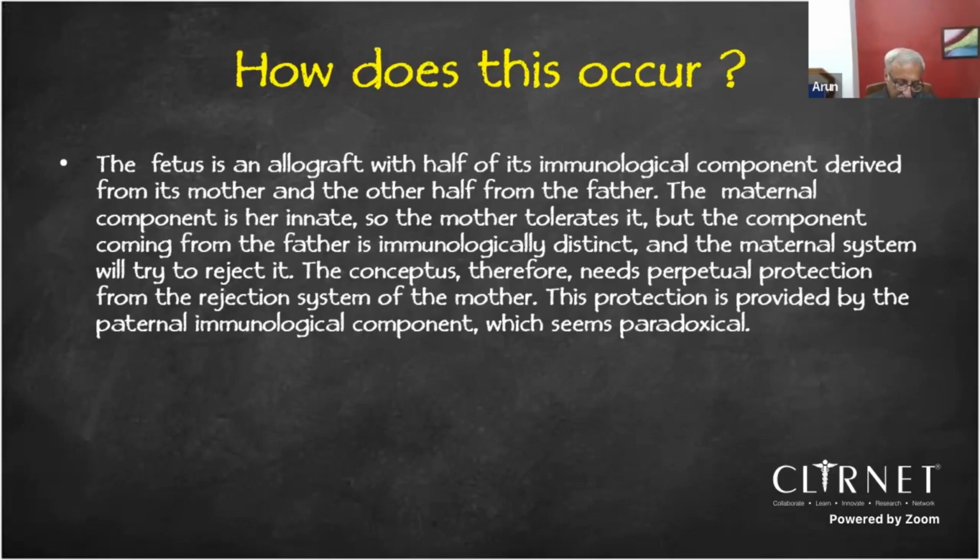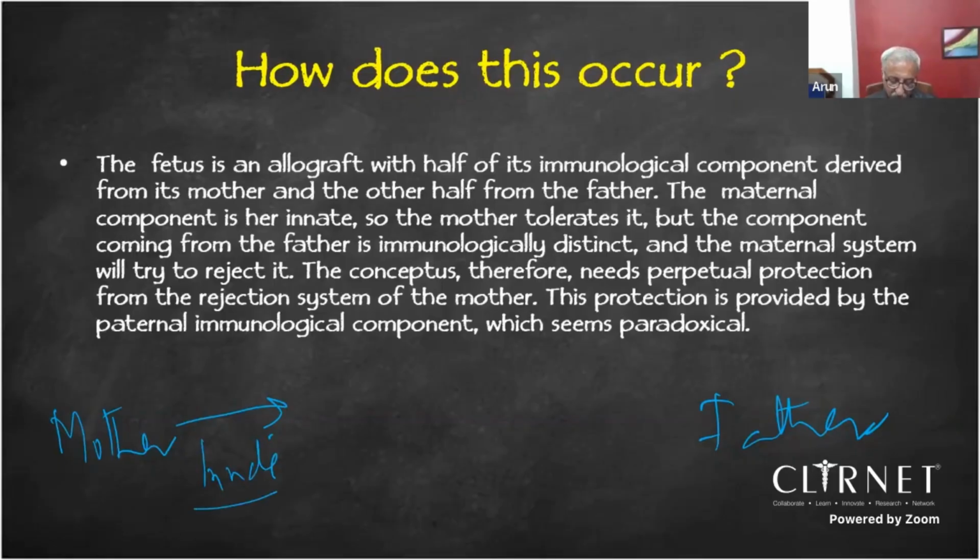All right. So this means there are some genes coming from the mother and from the father. We call this innate: the mother recognizes its own material, whereas whatever comes from the father, the mother tries to reject, right? Now, how does the conceptus survive?